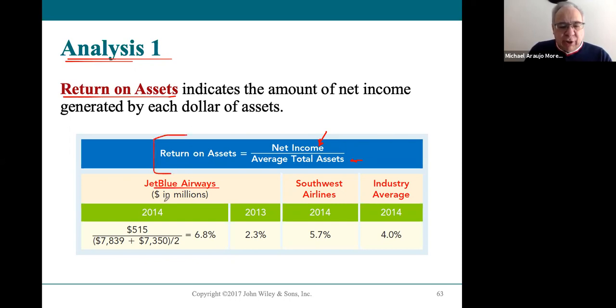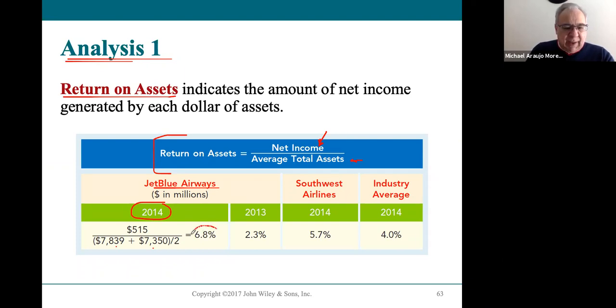And let's take a look at JetBlue in 2014. JetBlue had a $515 million profit in 2014. Average assets, so beginning total assets plus ending total assets divided by 2. So there's somewhere around $7.5 billion of assets.